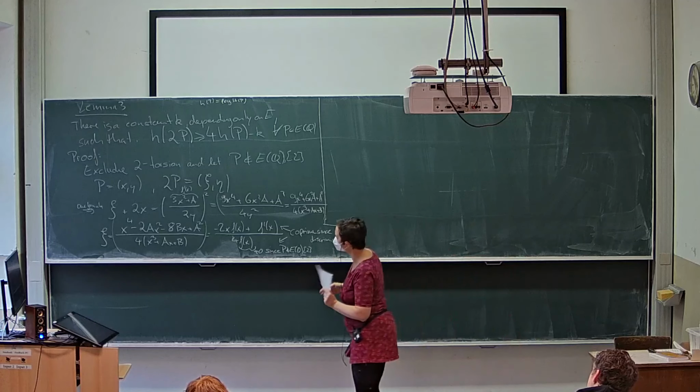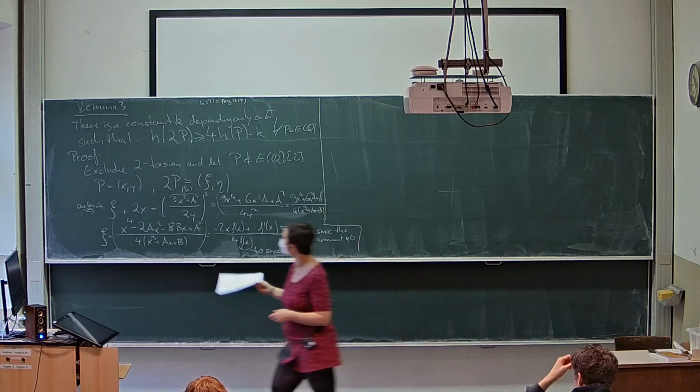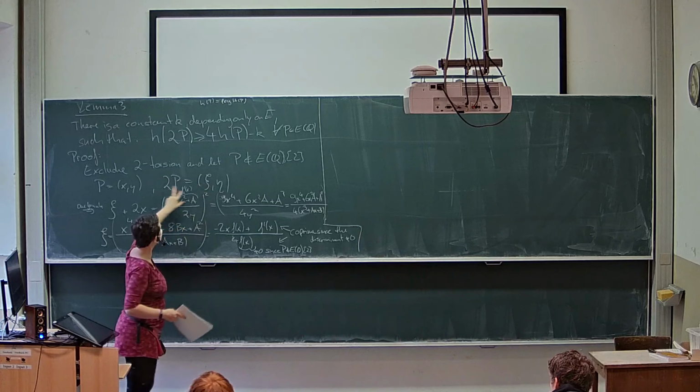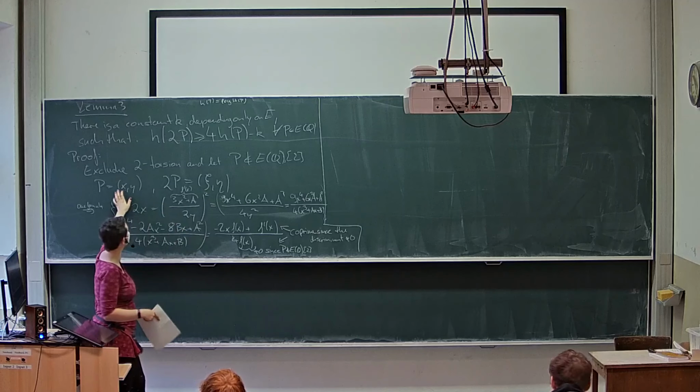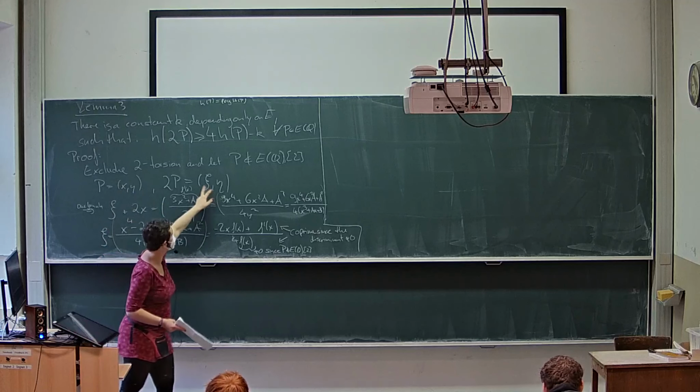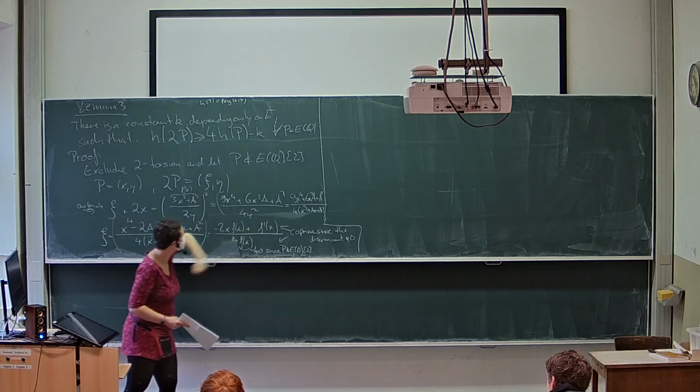Okay, so what do we want to look at? We want to look at the height of the x-coordinate of 2P and the height of the x-coordinate of P. So the height of the x-coordinate of 2P is this.